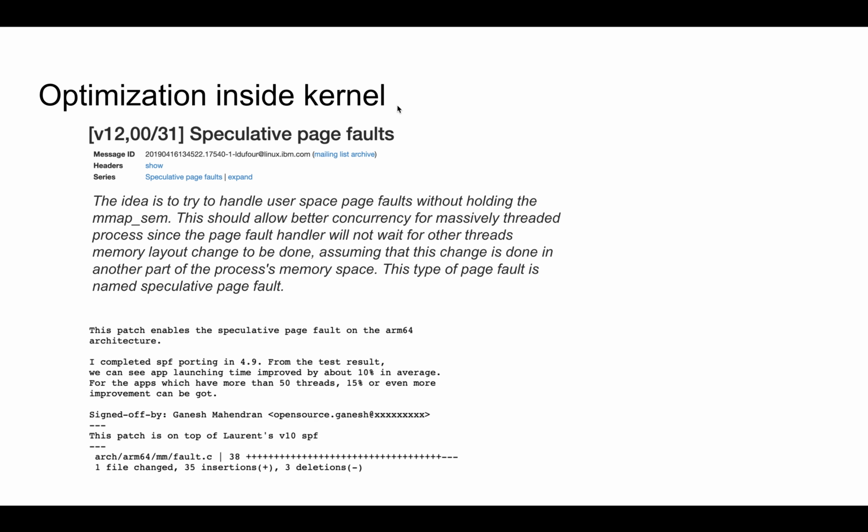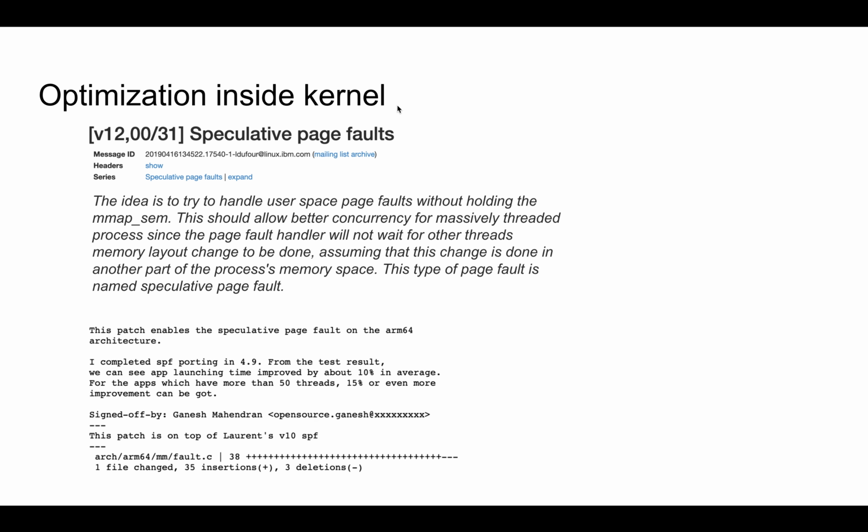This should allow better concurrency for a massively threaded process, since the page fault handler will not wait for other threads' memory layout changes to be done. It is also adopted in ARM architecture for Android, and we found that it is applied on a few devices. Since its stability is still under verification and it is not maintained yet, it's not implemented in most of the devices.